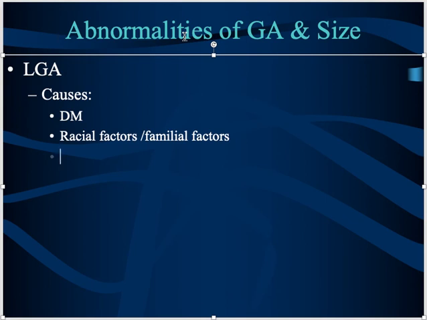And any mother who has high BMI, like their body mass index is too much. And there are certain syndromes, by the way, in which the babies are born big, not so important, by the way.